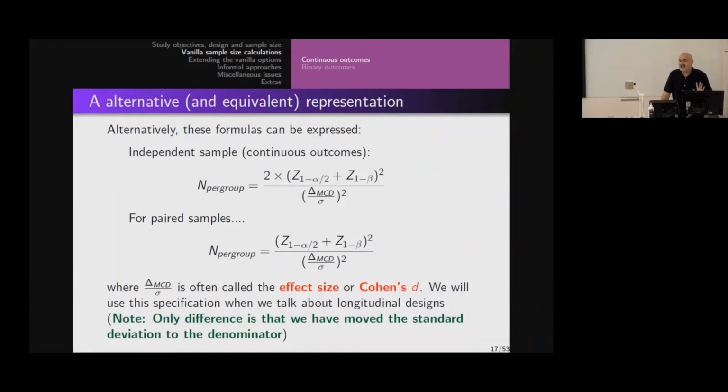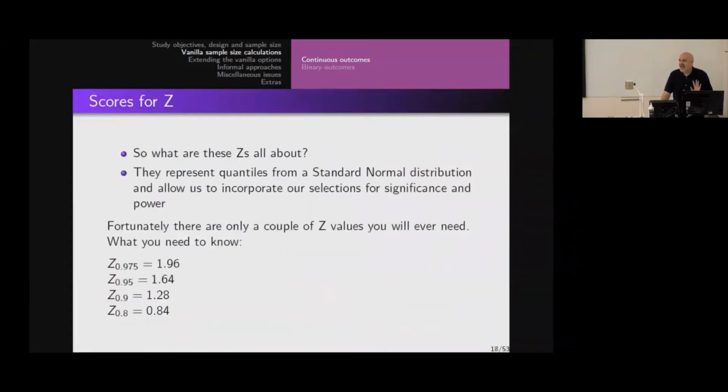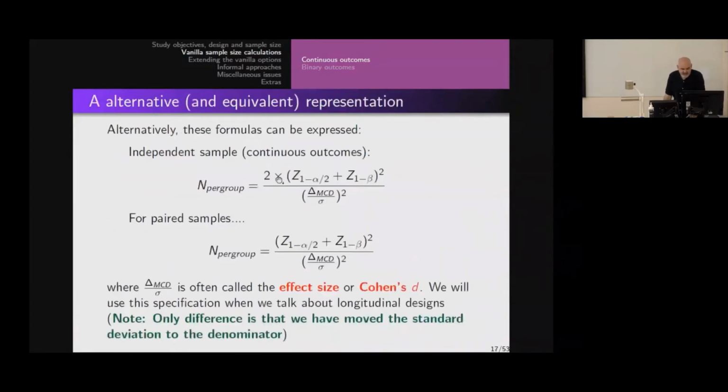Okay, so that's enough talking about the formula. Let's actually do it. The last thing I need to talk about is what are these Zs about? There they are, Z and Z. They are bringing in normal theory, the statistical theory that I was talking about before.